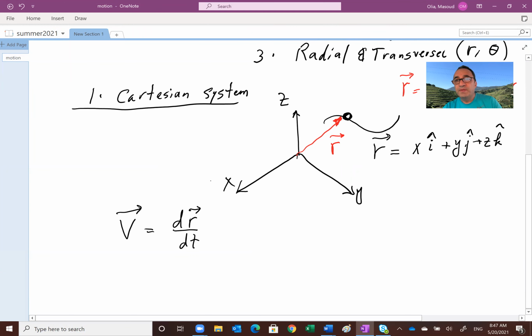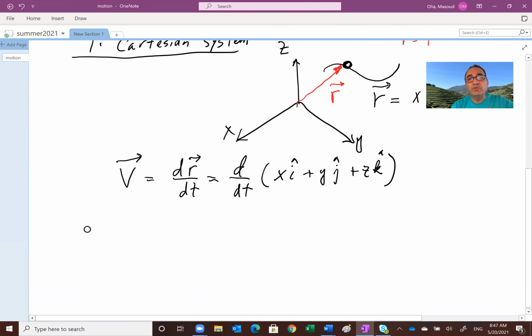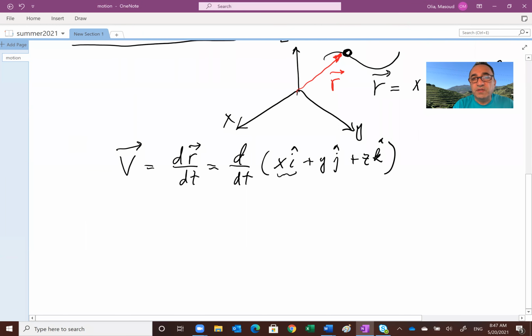Remember, we describe position of a particle as R, and then I say, well, let's just call it S. All right, let's go ahead and take the derivative of R. What is R? Again, it is xi plus yj plus zk, right? So as we take the derivative of this, keep in mind that we have to use product rule because this is x times i. i is the unit vector along the x-axis.